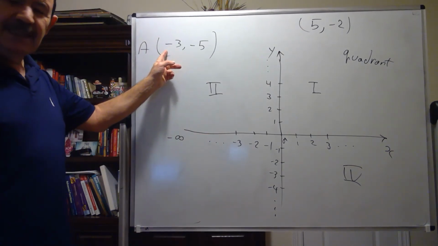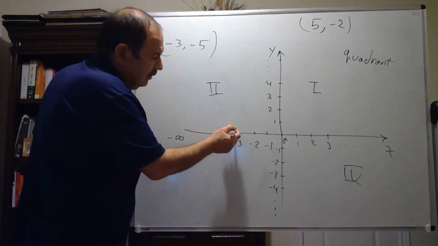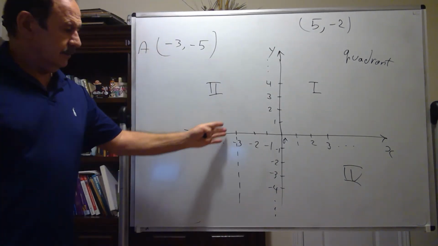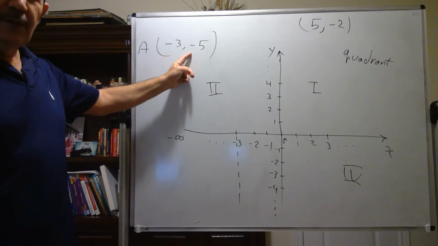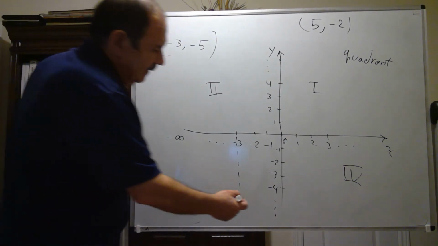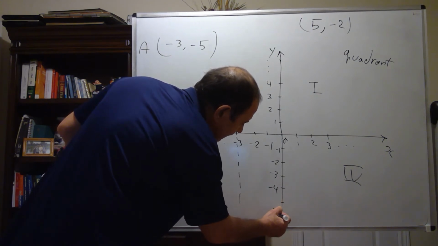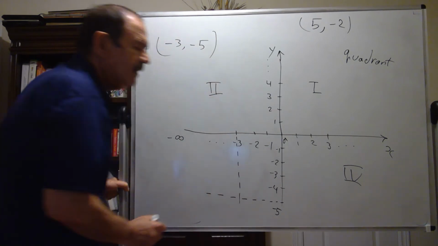The x coordinate is -3, so from point -3, draw a vertical line going down. The y coordinate is -5, so from the point -5, draw a horizontal line to the left side.